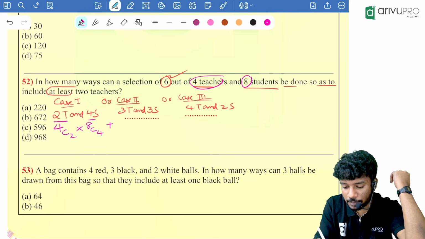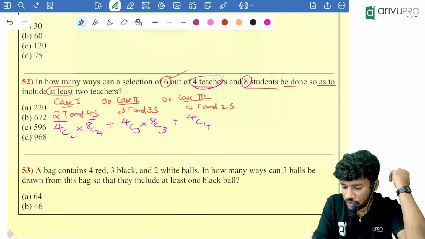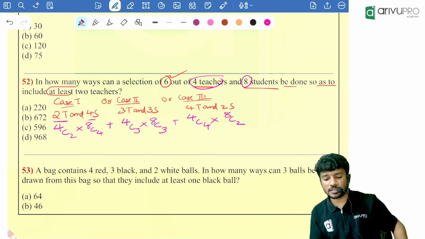Or means plus. From 4 teachers, I can choose 3 teachers, and from 8 students, I can choose 3 students. Or plus, from 4 teachers, I can choose 4 teachers, and into, from 8 students I can choose 2 students. So this is the math.